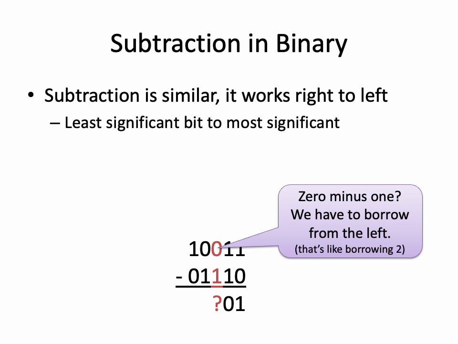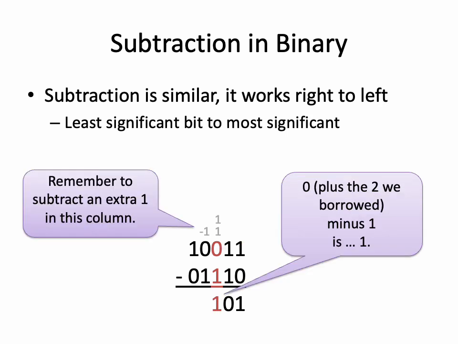Luckily, it's a larger number, so we have to borrow from the next left-hand column. So that ends up being -1 there. And then now I can subtract, which is 1 minus 1. And now I have this -1 here, so I have to borrow again.